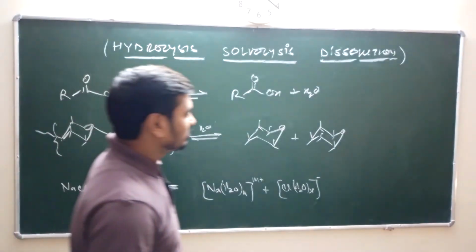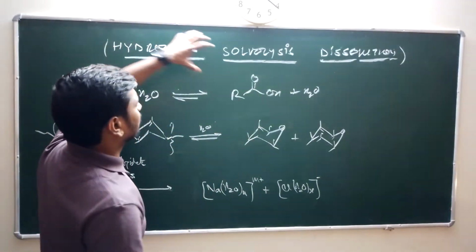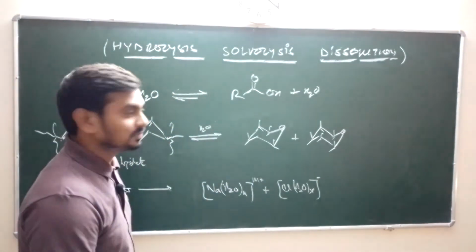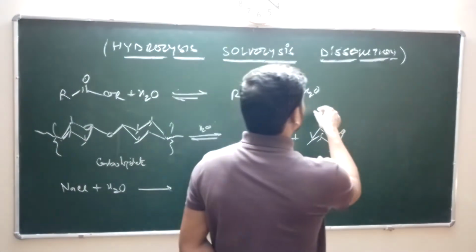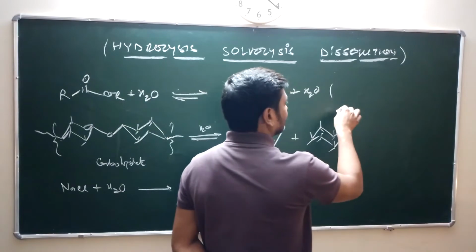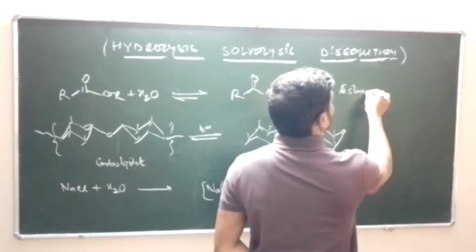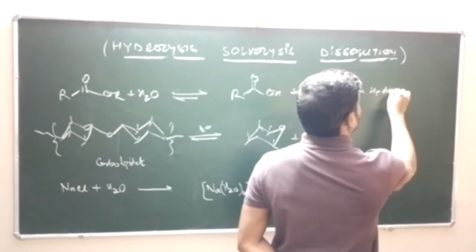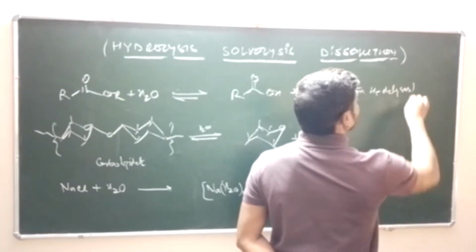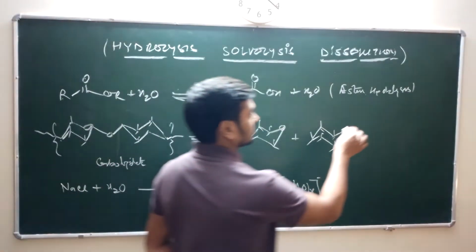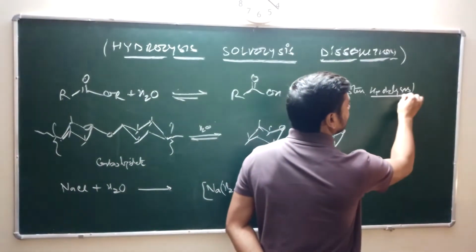So if I try to use these words with these three reactions, how will they apply? The first one is something you may have heard of as ester hydrolysis. Typically, it is known as ester hydrolysis. So what word is being used here?